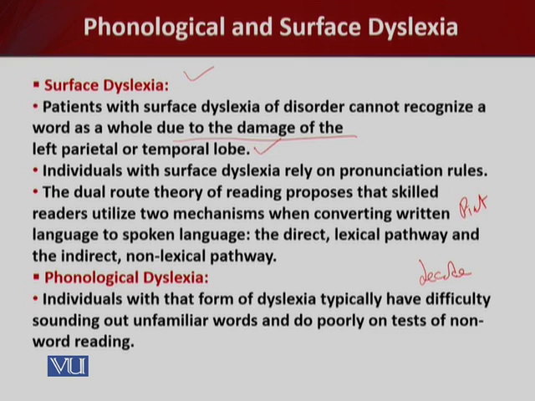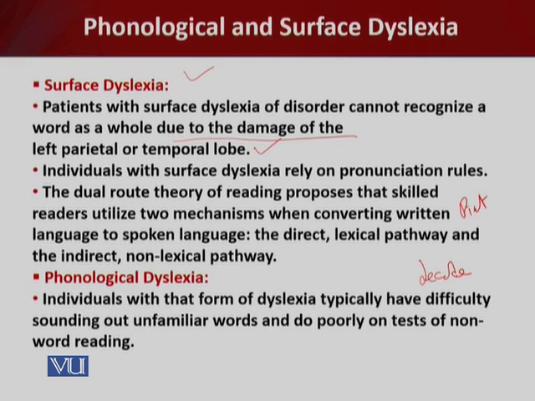Studies show that this kind of dyslexia also has implications in the lexical pathway, which is the process whereby a skilled reader can recognize words by sight alone.